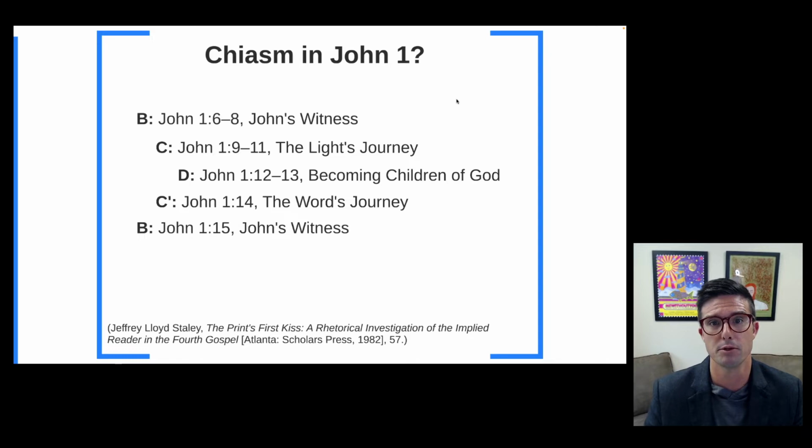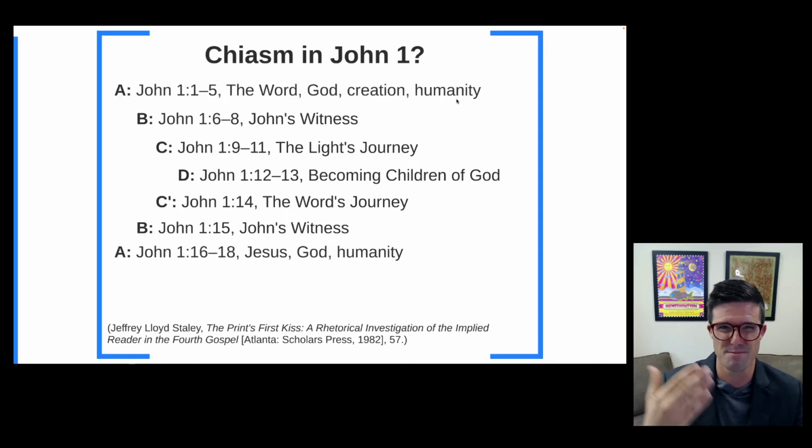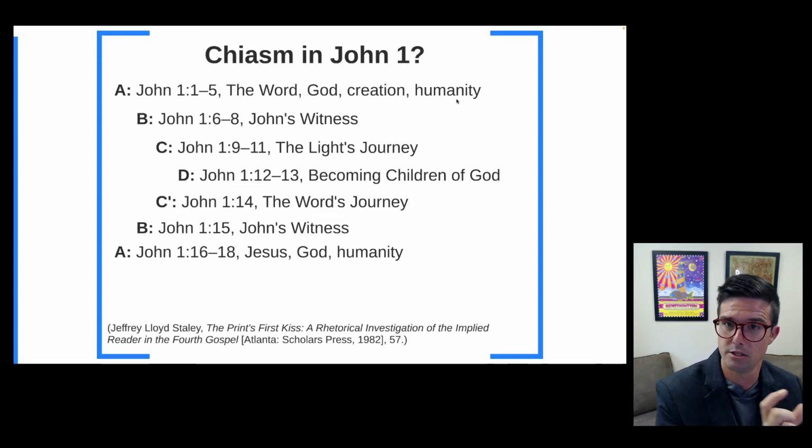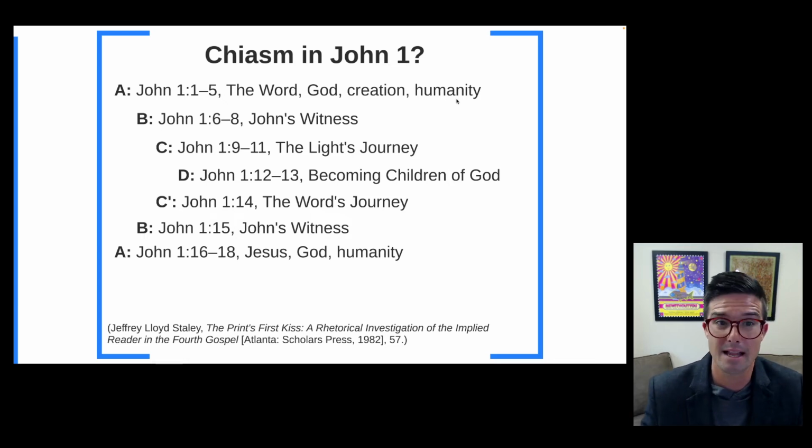And then we have the parallel between John witnessing, Jesus being really put up above John, and then we have this sort of, whereas Culpepper has Jesus and God, or the Word and the Father, Staley is going to have the Word, God, creation, and humanity.